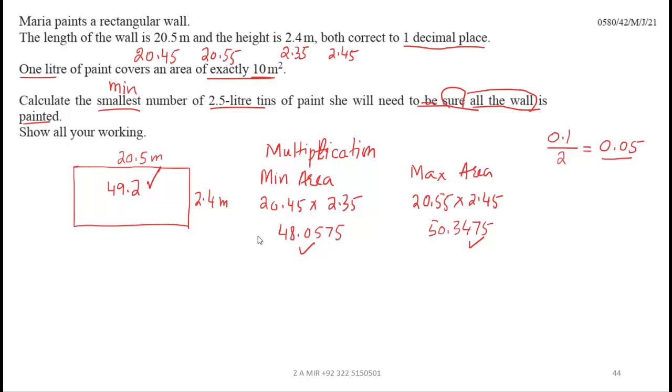Suppose we take the minimum area. We are not sure whether the wall will be fully painted or not, because maybe this is less than the actual area of the wall. If we take the area which is between these two figures, even then we are not sure the wall would be fully painted, because there may still be some area of the wall left.